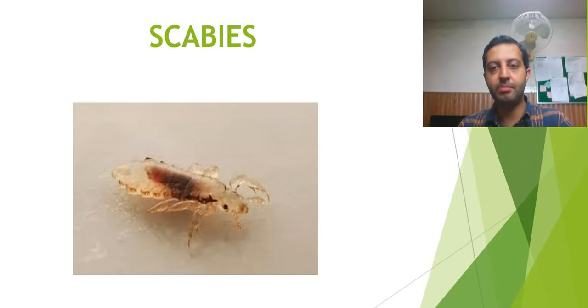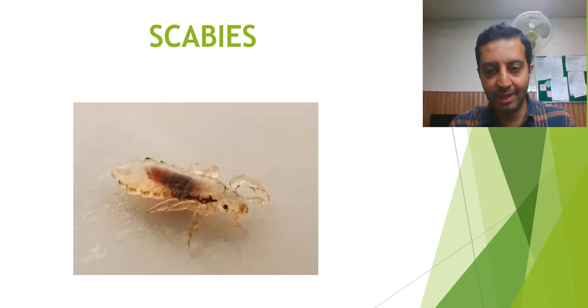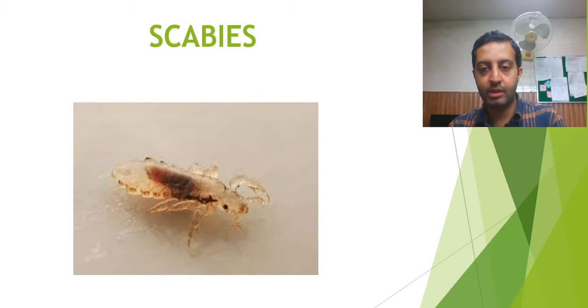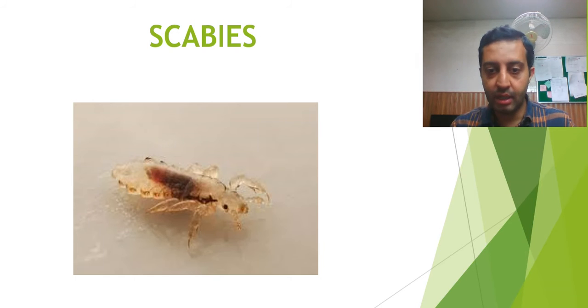Here you can see the bug. The bug for scabies is called Sarcoptes scabiei. Here you can see a hemispheric body of a bug, which also has 8 legs and a brownish spine in the middle.